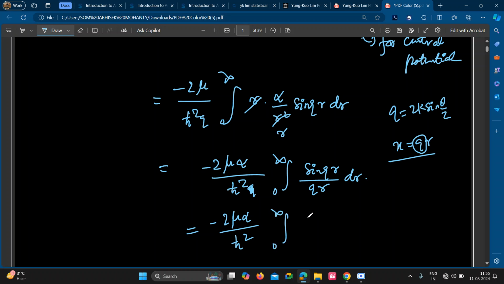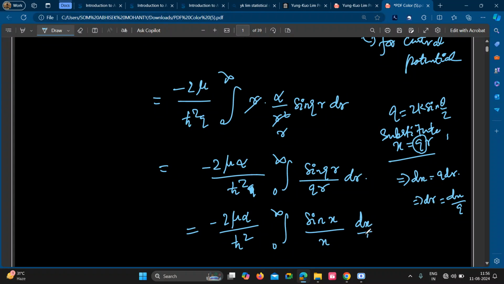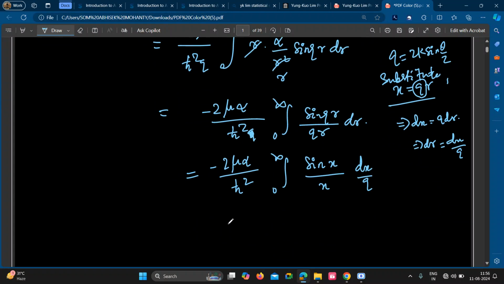Substitute x is equal to qr to get the integration form; dr is equal to dx by q, so the q goes out.